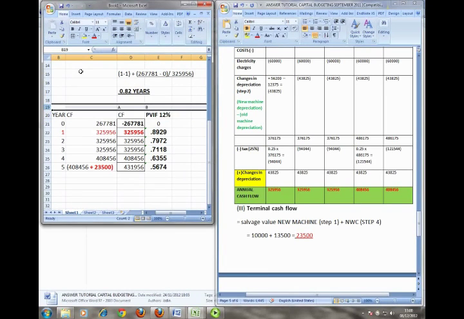okay, this is A. This is B. And this is C. How to calculate column C, class?